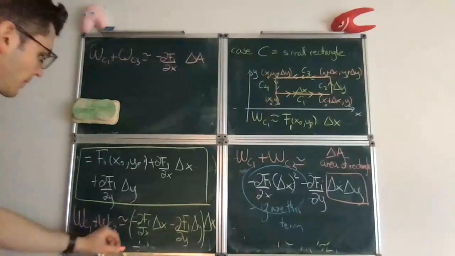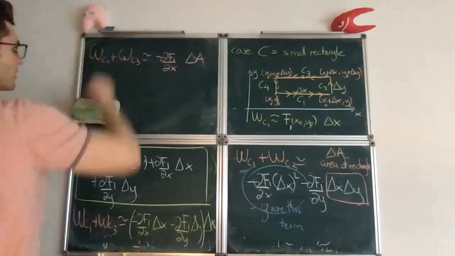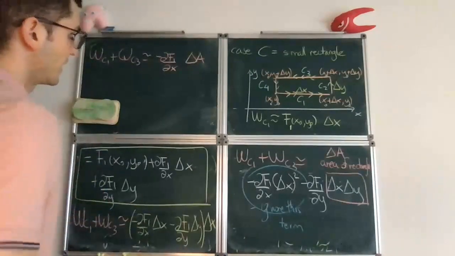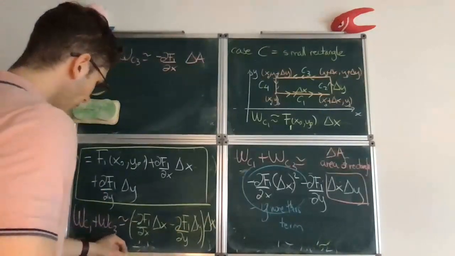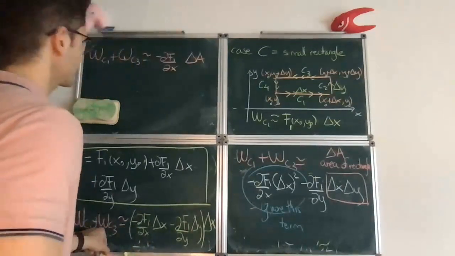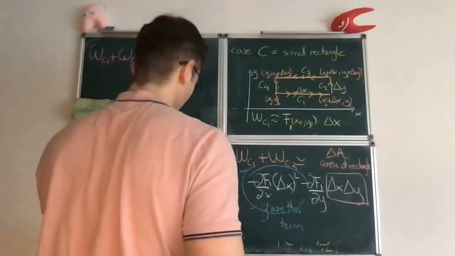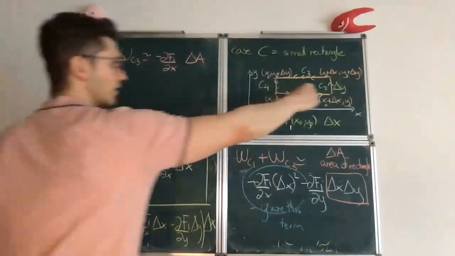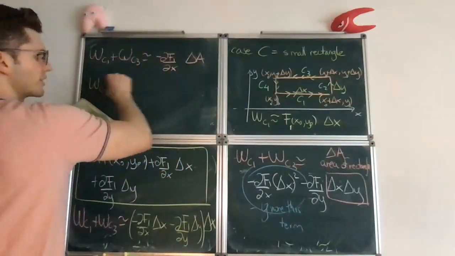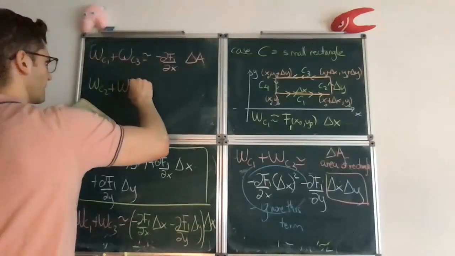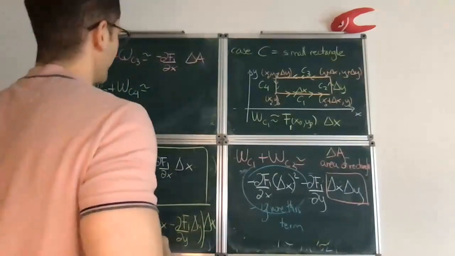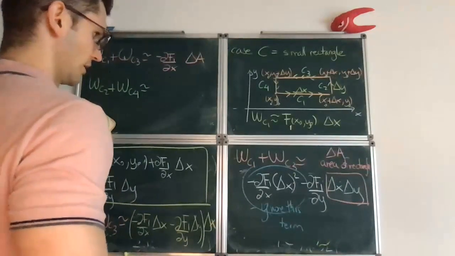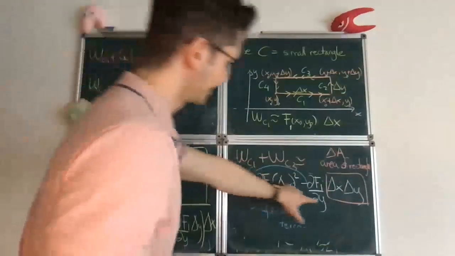Okay? And analogously, in the same way, with essentially the same argument, you'll find that the work done along the curve C2 plus C3 plus C4, sorry, can be approximated by... Sorry, this is with respect to y.